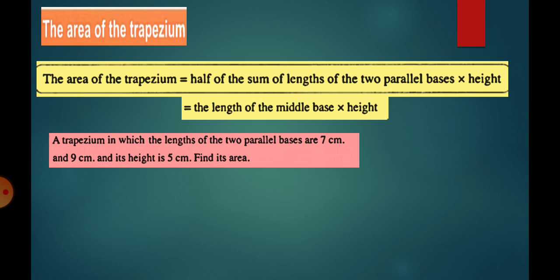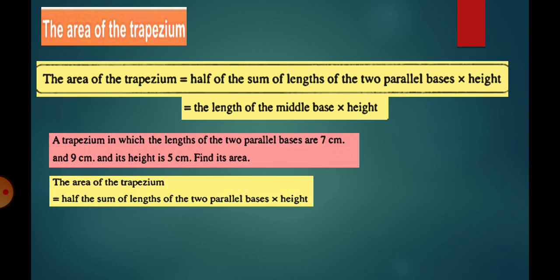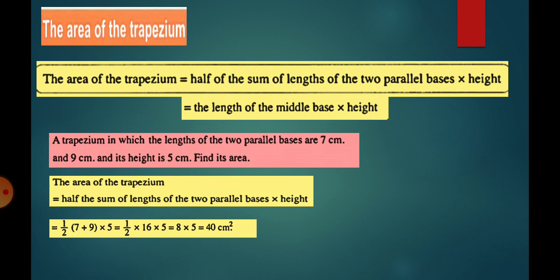Here we have the two parallel bases and the height, so area equals half the sum of the two parallel bases times height, equals half times 7 plus 9 times 5, equals half times 16 times 5, equals 8 times 5, equals 40 centimeter squared.